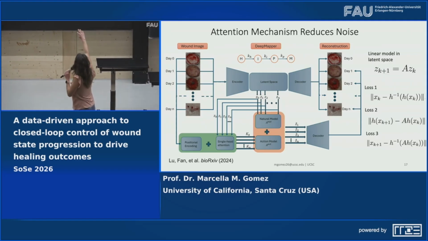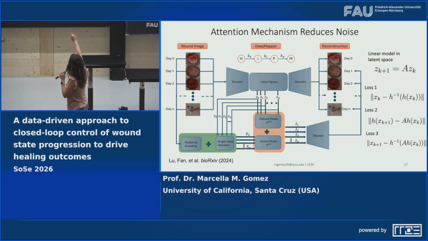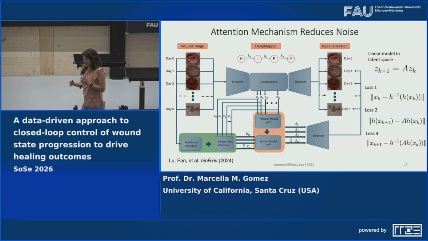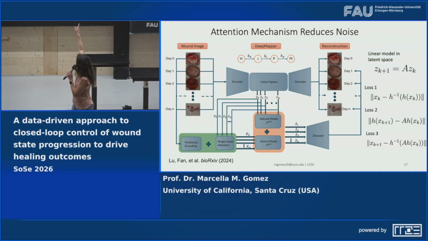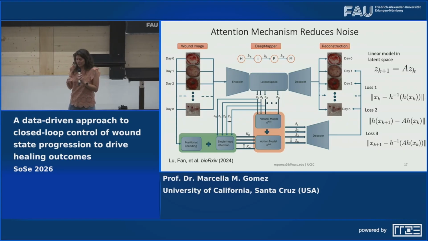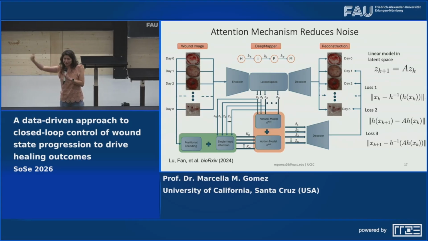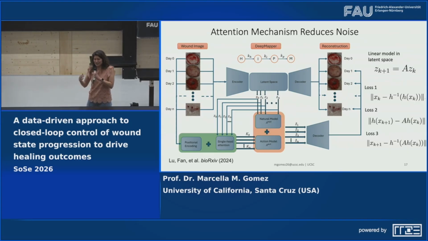So if you look at the loss functions, H is the encoder, from the image to the latent space. H inverse maps the generated image back to the latent space. So if X is the original state, then Z is H of X. It's saying that if I evolve my image forward one step, it should be the same as evolving my latent space and then putting it through the decoder.